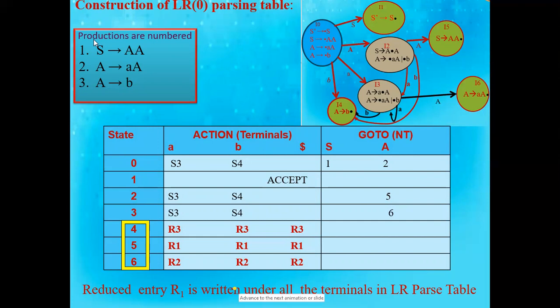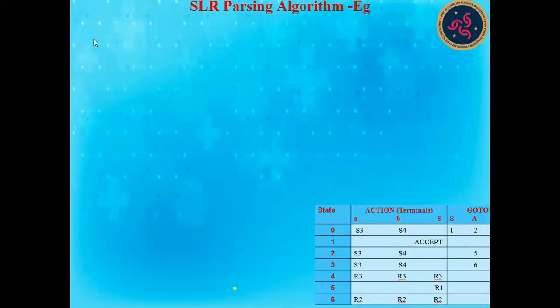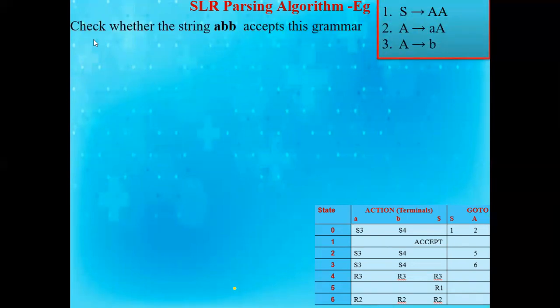Now we can consider an example, and with the help of the same grammar and the SLR parse table, we can parse a string. The question is: check whether the string ABB is accepted by this grammar.